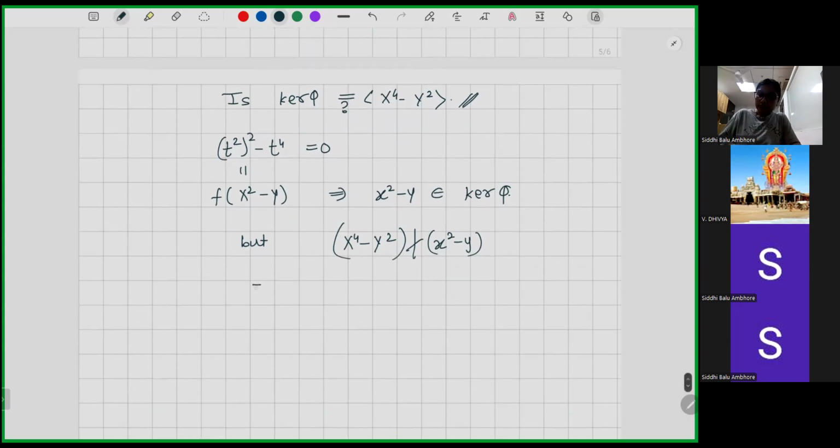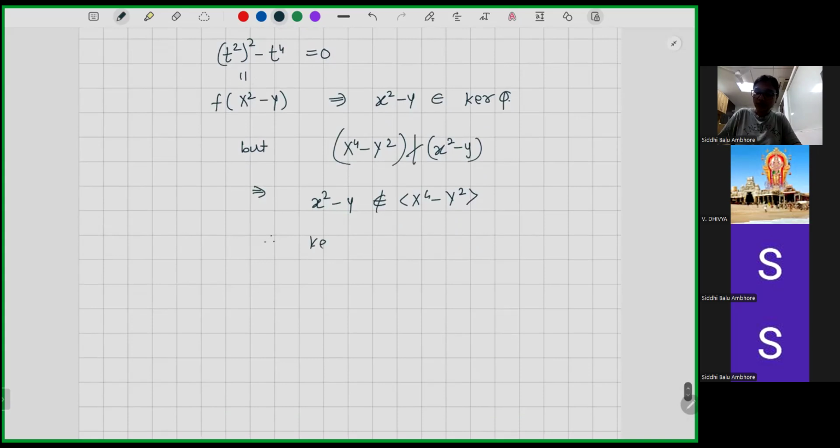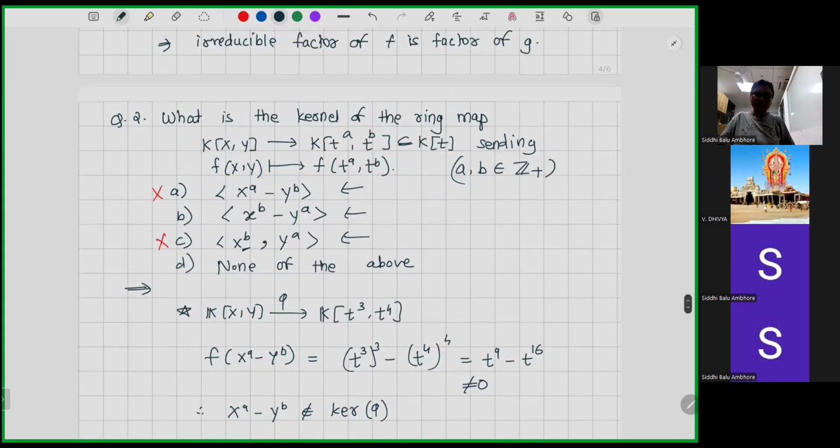Therefore x^2 minus y doesn't belong to this principal ideal generated by x^4 minus y^2. So the kernel of P is definitely not equal to x^4 minus y^2, which was x^b minus y^a in our case. It always holds that this belongs to the kernel, but equality is not guaranteed. Even this is not true. So the answer is none of the above in this case.